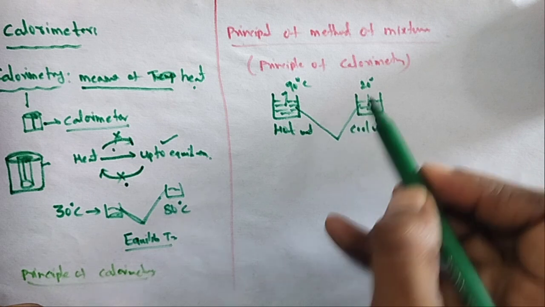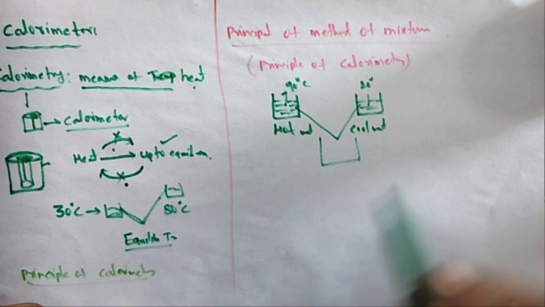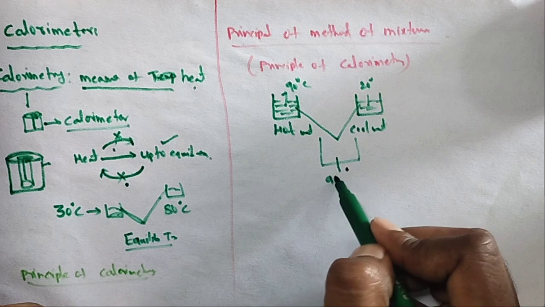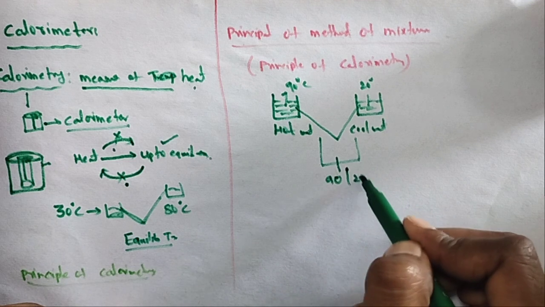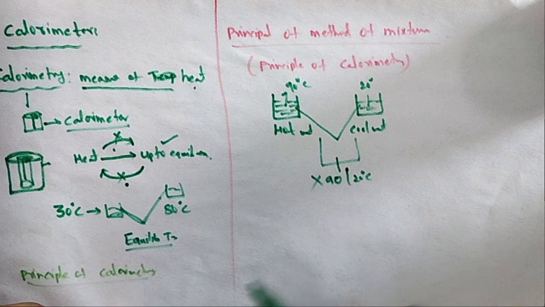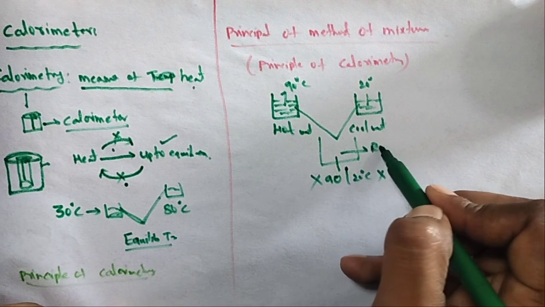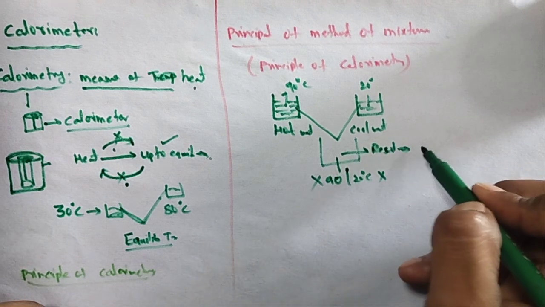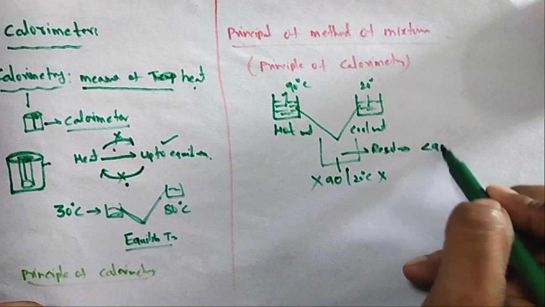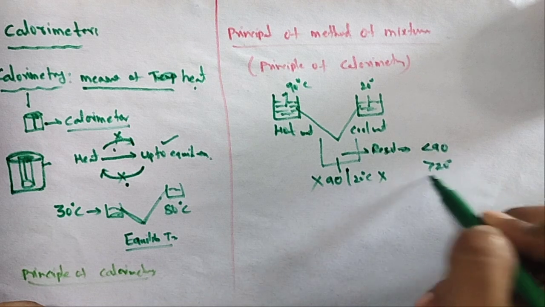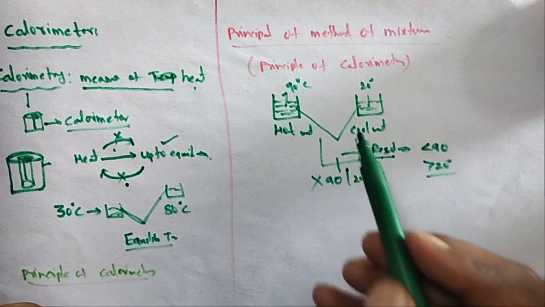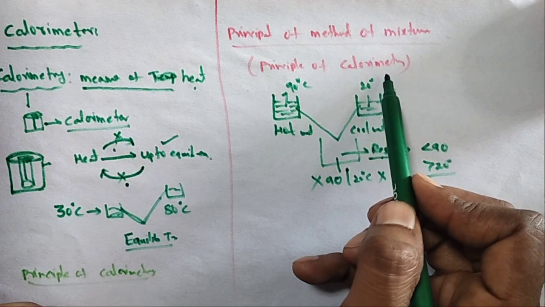Both are mixed in another bucket. What is the temperature? Is the mixture at 90 degrees or 20 degrees? It is neither. The resultant temperature is below 90 degrees and above 20 degrees, and this resultant temperature is explained by the principle of calorimetry.